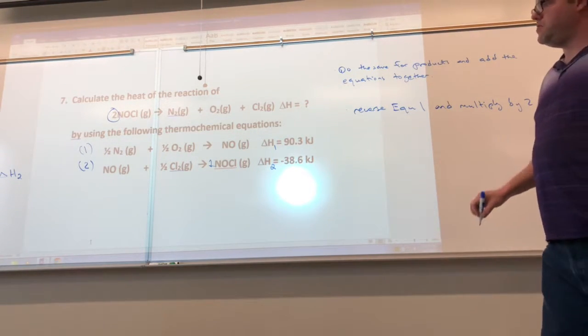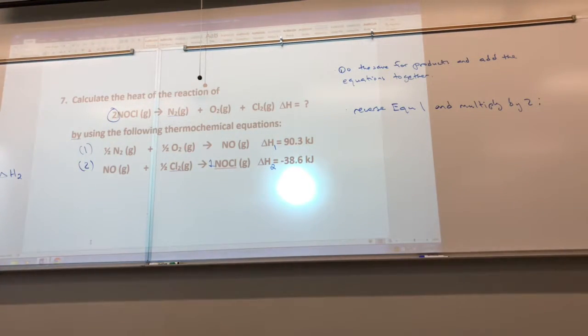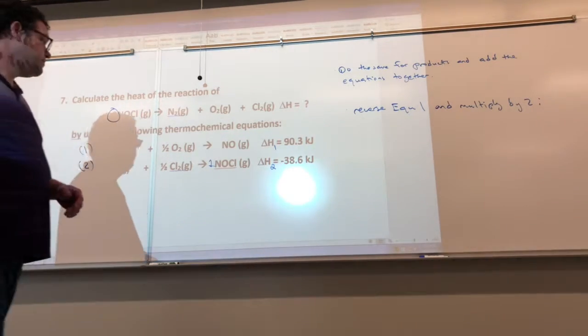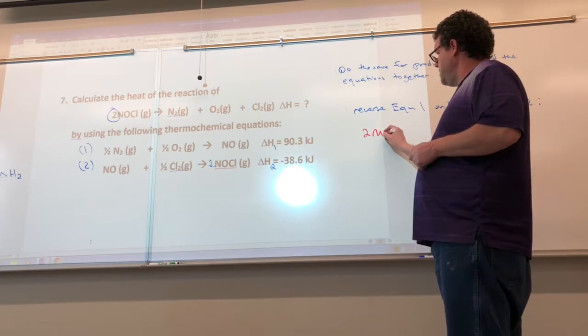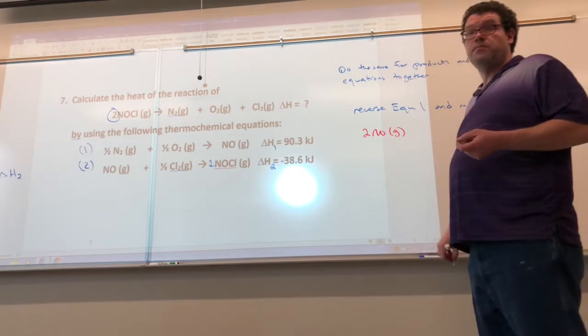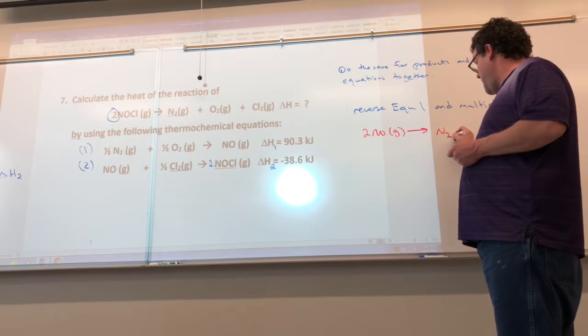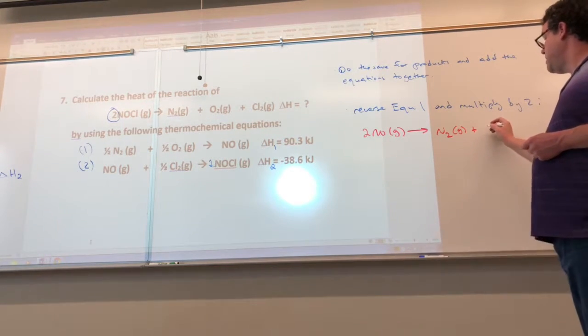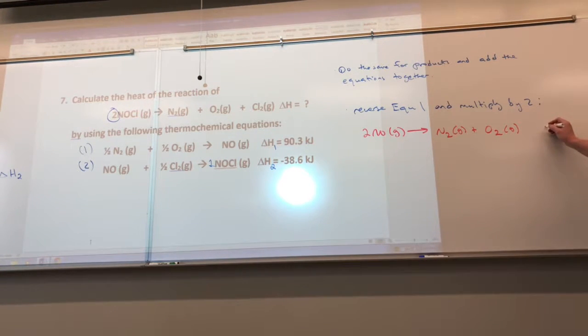Okay, so what do you get when you do that? 2 NO gas goes to N2 gas plus O2 gas. And what did I do to the delta H? Times by 2. And I reverse the sign.